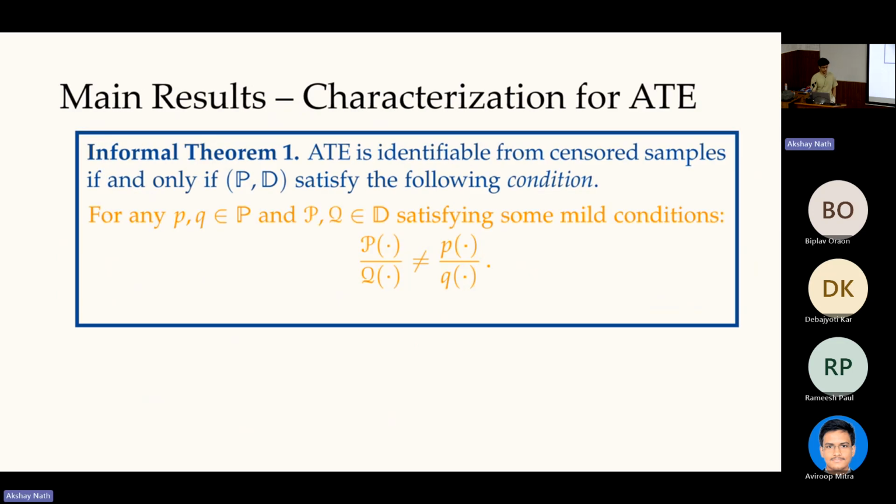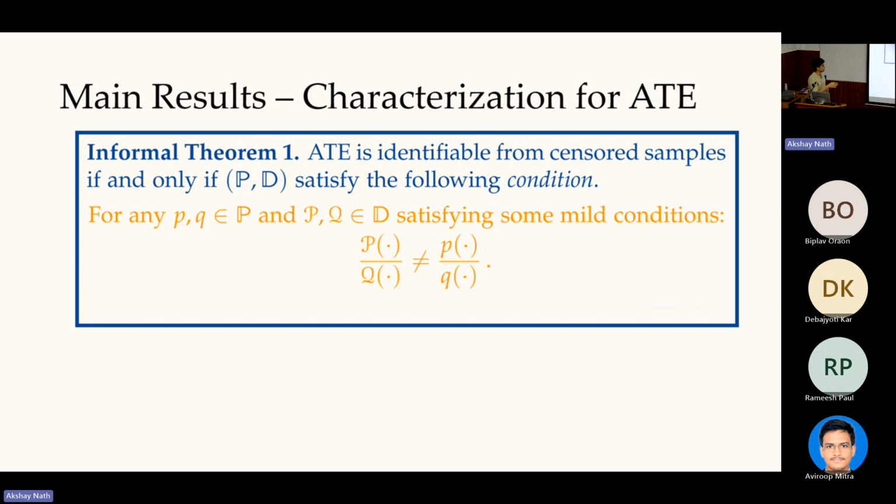Okay. So this is the main characterization, modulo some details. The average treatment effect turns out to be identifiable if and only if, barring some mild conditions which I'll explain when I get to the proof, there is no pair of propensity scores and no pair of densities such that this ratio matches.